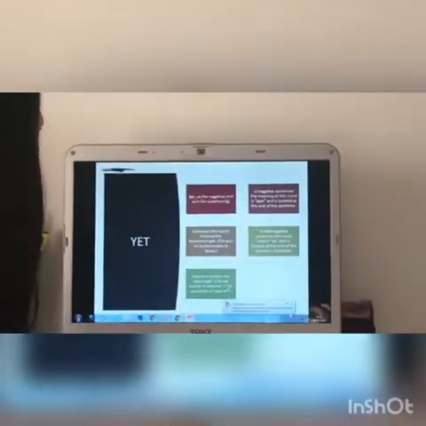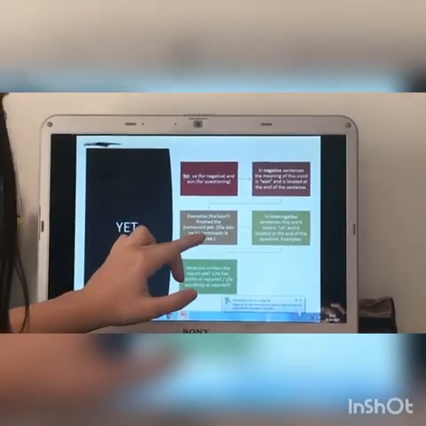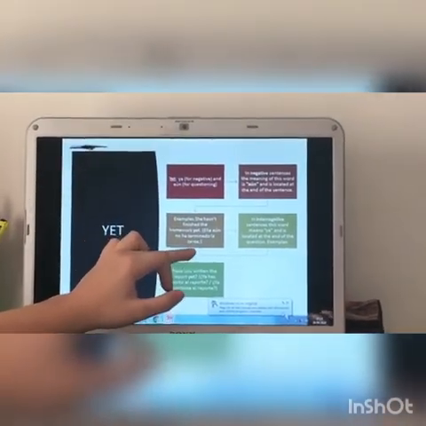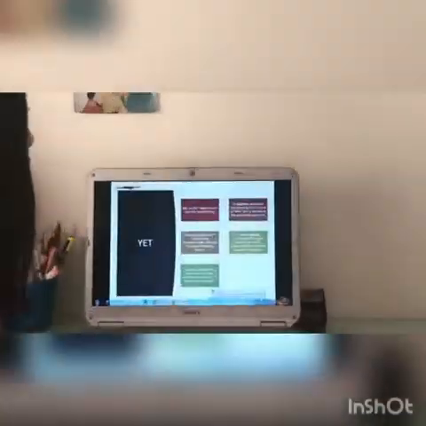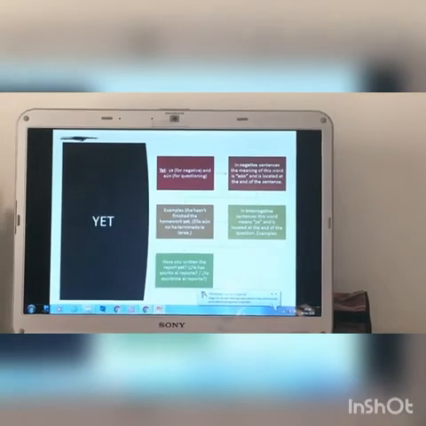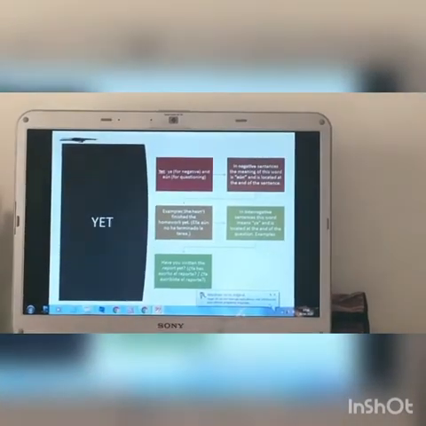In negative sentences, the meaning of this word is aún and is located at the end of the sentence. For example, she hasn't finished the homework yet. Ella aún no ha terminado la tarea. And in interrogative sentences, the meaning of this word is ya and is located at the end of the question. For example, have you written the report yet? ¿Ya has escrito el reporte o ya escribiste el reporte?